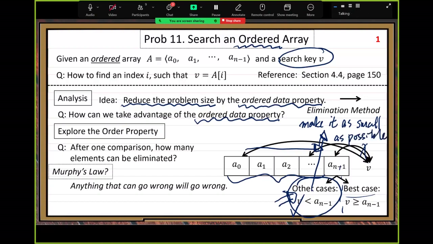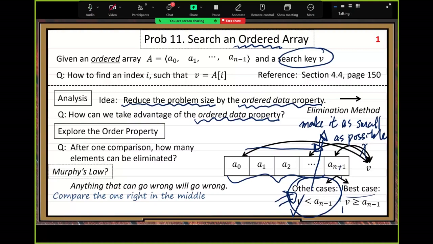That's the idea. Small as possible, then our prediction range becomes as small as possible. Then we will get a better performance. So we want to change our comparison strategy.